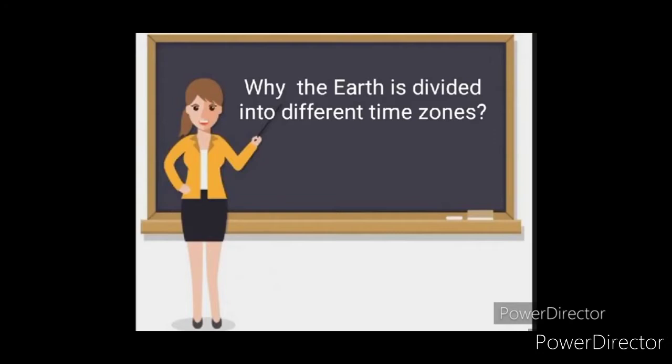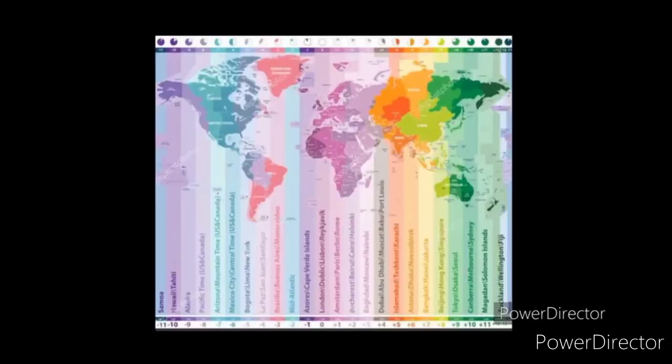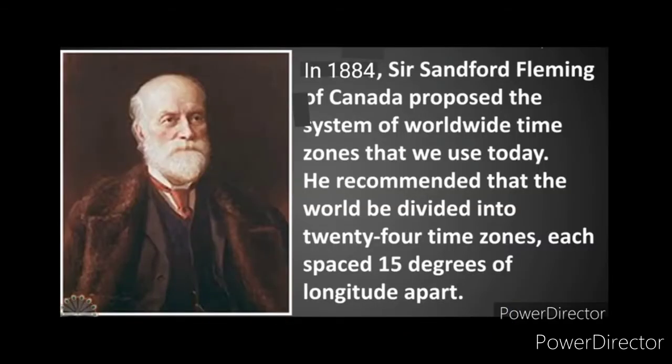Now the question is, why is the world divided into different time zones? The world is divided into different time zones because of the expansion of transport, communication, trade and globalization. During the 19th century, it created a need for a more unified time-keeping system.